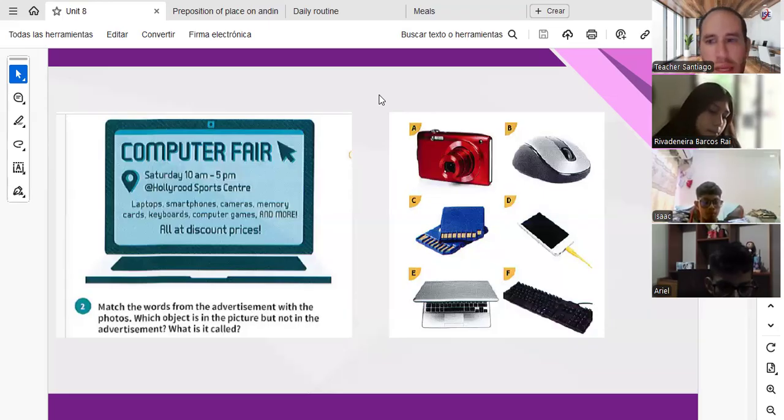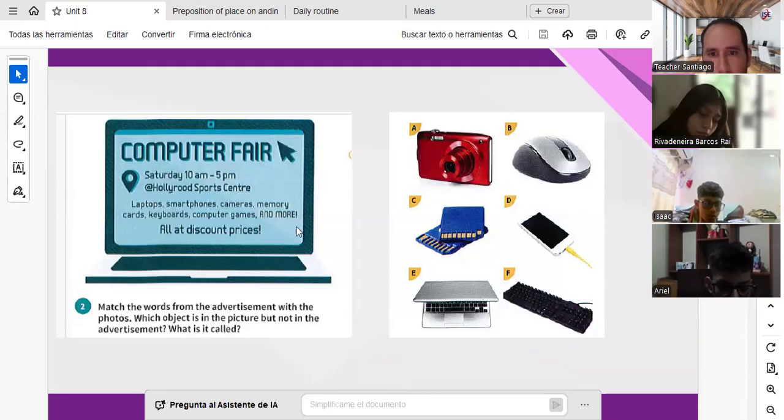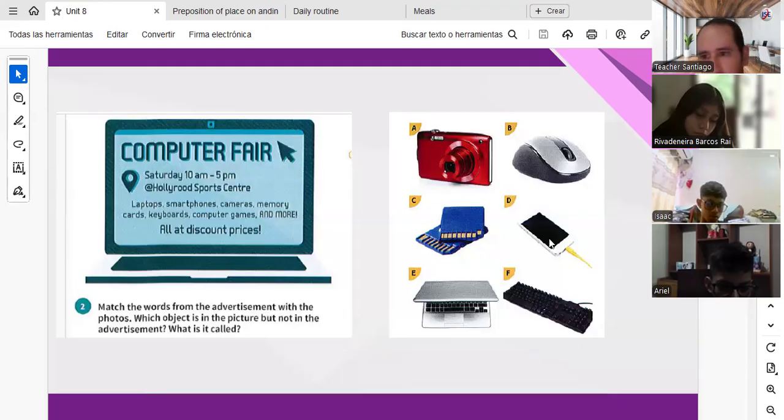So, which is the missing one? Which is the word that's in the advertisement but missing in the images? Which object is in the picture but not in the advertisement? So, which of those images is here but isn't mentioned? It doesn't mention it here. Which one? Ariel, one of these things doesn't appear in the advertisement.